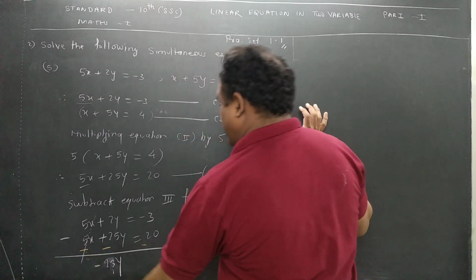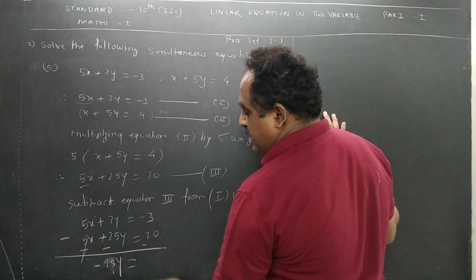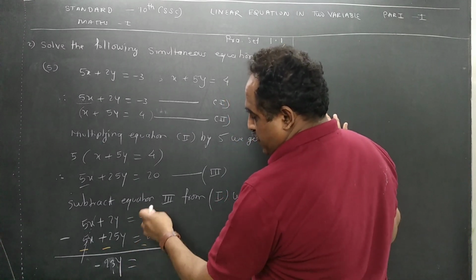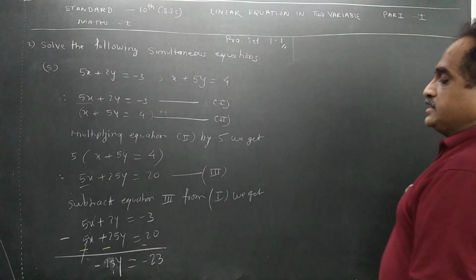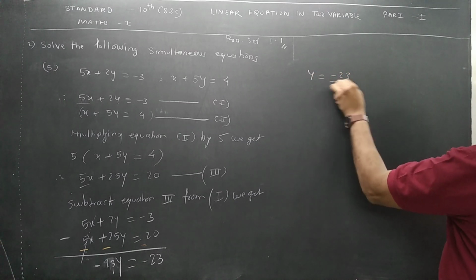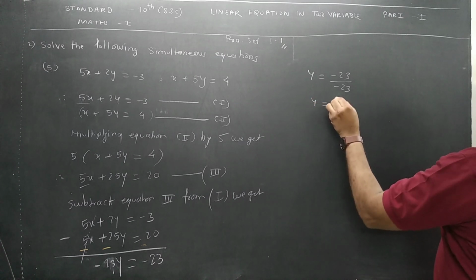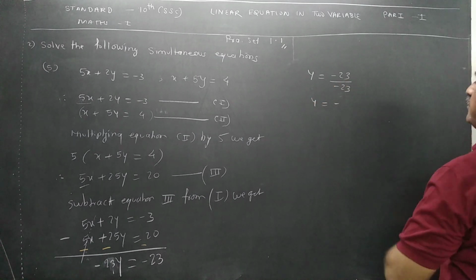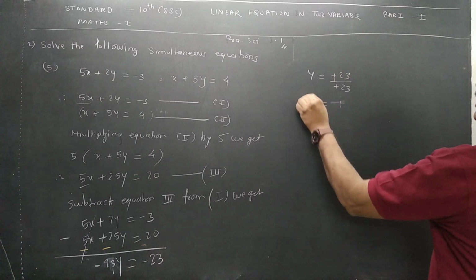And you give the sign of the greater number. Here it is minus, minus is plus. 20 plus 3 is minus 23. So what answer are we getting? y is equal to minus 23 upon minus 23. We have to change the sign of it. Minus minus get cancelled. So, y is equal to 1.